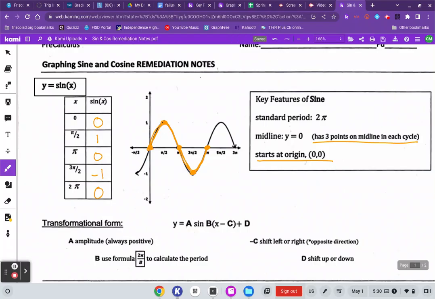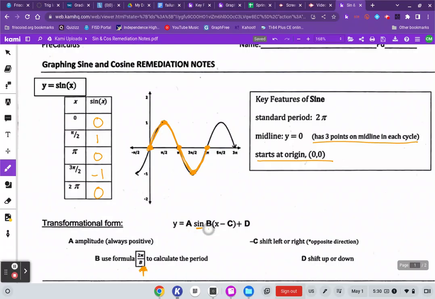The transformational form looks like this. It's the same transformational form that's used for every type of parent graph that we've seen in the last 2 years, basically. The most important thing to point out here is when you're looking for the period based on the equation, you're going to use this little formula here, 2 pi over b.